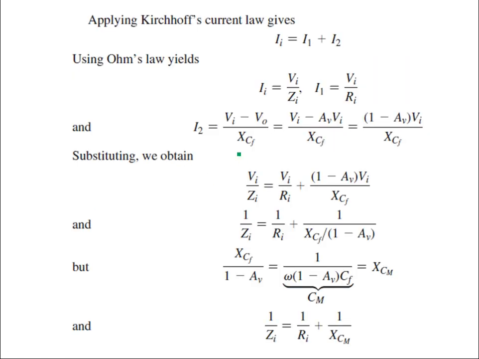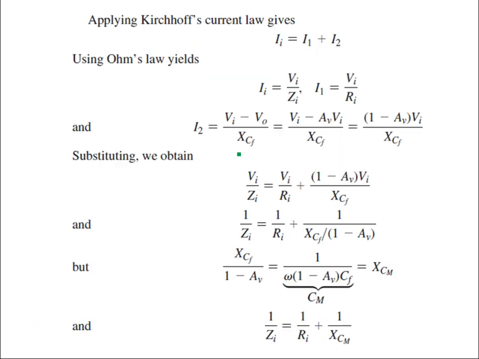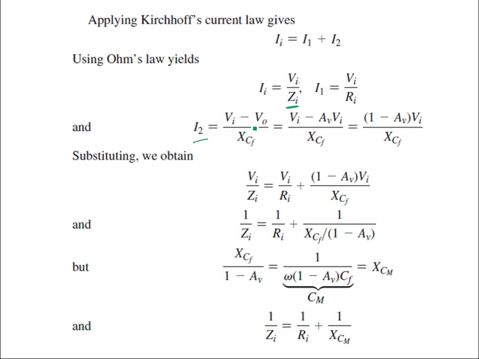Now when you apply Kirchhoff's current law at this particular junction, Ii is equal to I1 plus I2, and you substitute for Ii with Vi by Zi, this is the net impedance, and I1 is Vi by Ri. You will get an expression for Vi by Zi, Vi by Ri, and this is what is I2? Vi minus V0 divided by the capacitive reactance XCF.